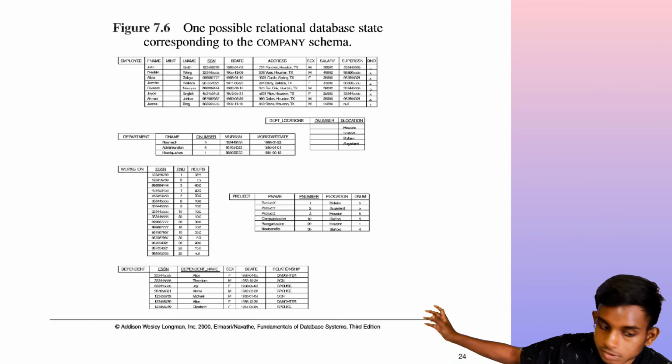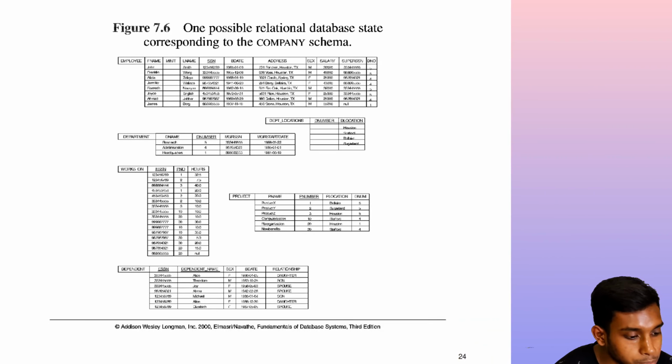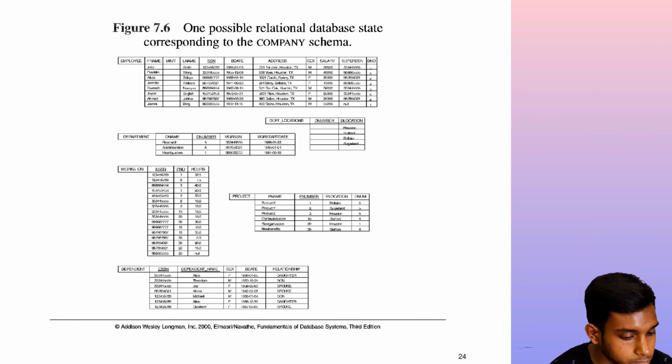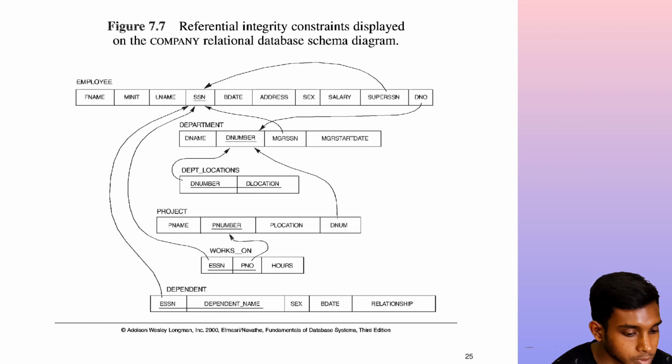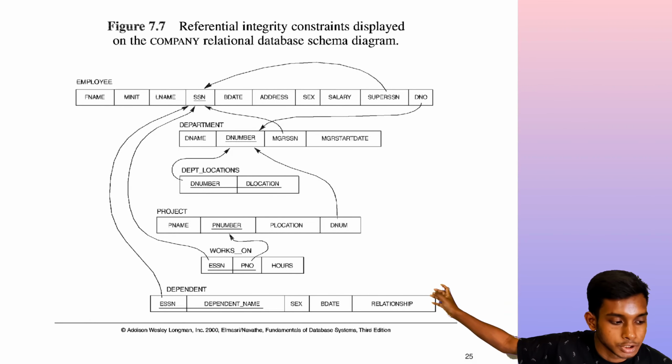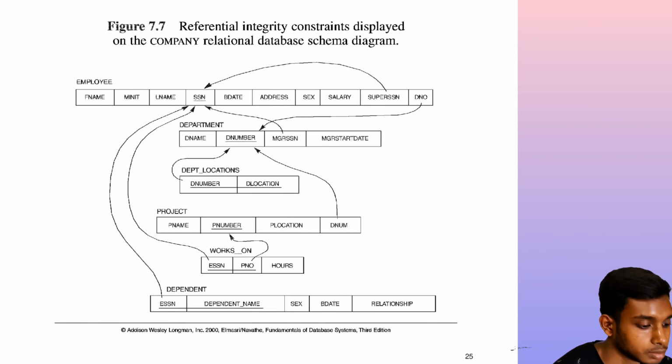We have another example of the COMPANY schema. One possible relational database state corresponds to the COMPANY schema. Let us now go through the referential integrity constraints displayed on the COMPANY relational database schema diagram.